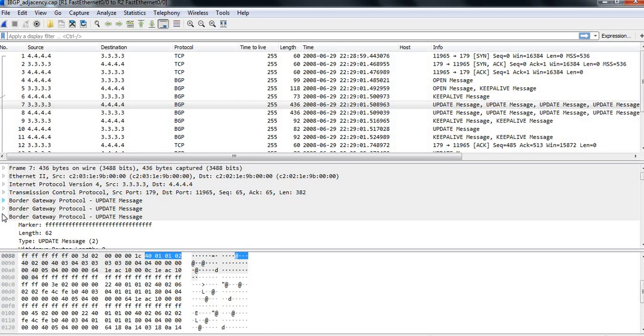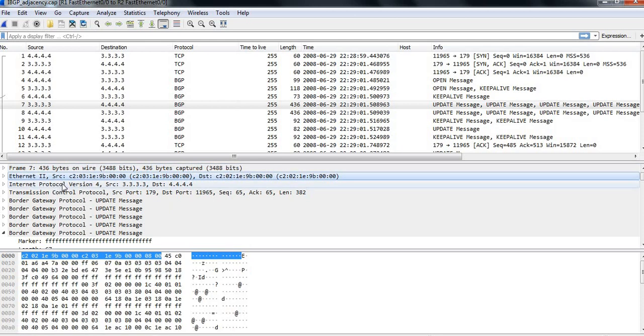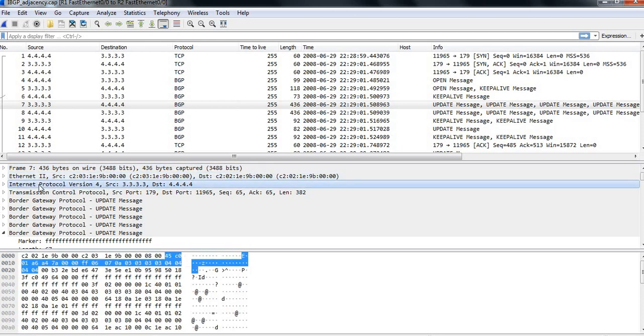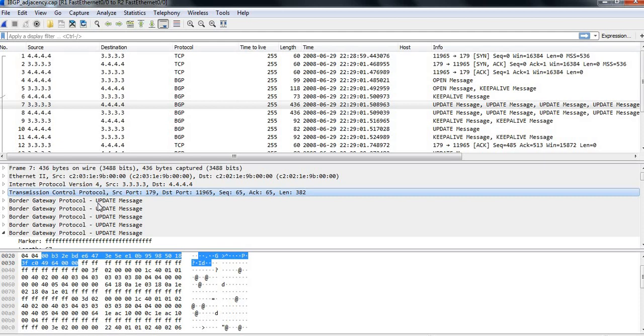Let me show you how the packet looks. This is our frame. We have the Ethernet header, which contains MAC addresses. Then we have the IP header, which contains your IP addresses. We have the TCP header, which shows your source port and destination port number. On top of this, we have BGP update messages.